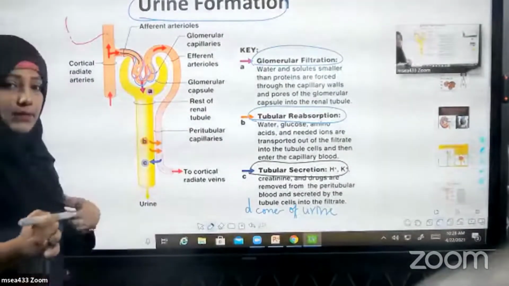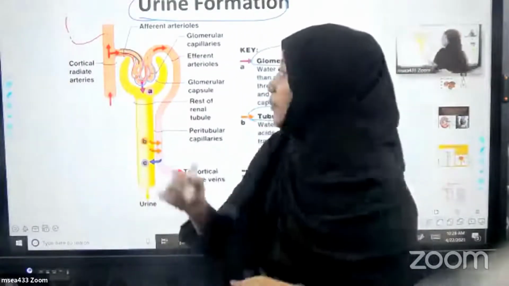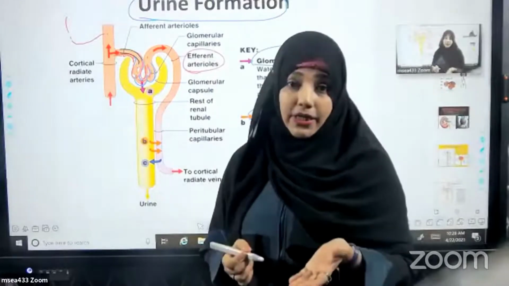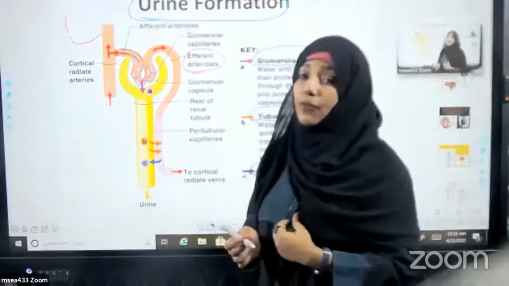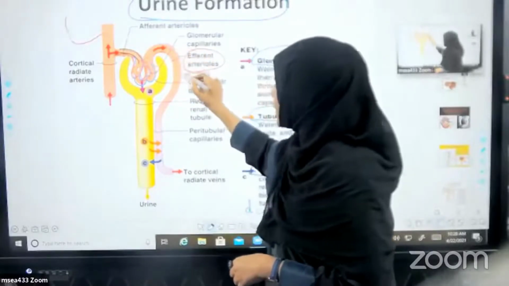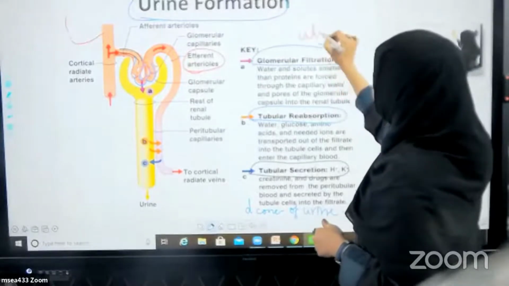In the glomerulus, due to the narrowness of the efferent arteriole, pressure increases. Due to that, the blood flows with more pressure, involving ultrafiltration.